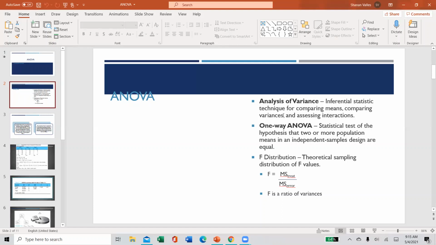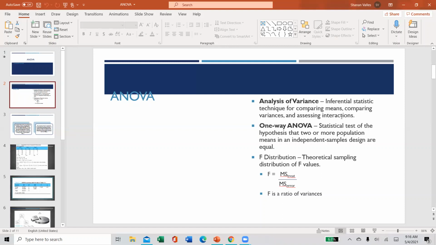In ANOVA, instead of just finding one standard deviation and one standard error, you will have at least two variances that you will be comparing. And then we're going to assess interactions, and look at how our groups can interact with each other.